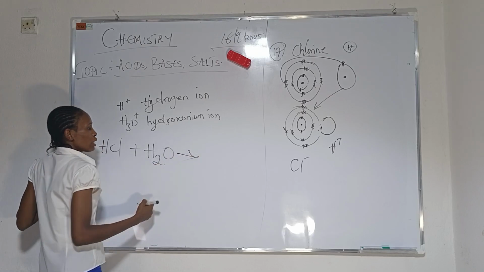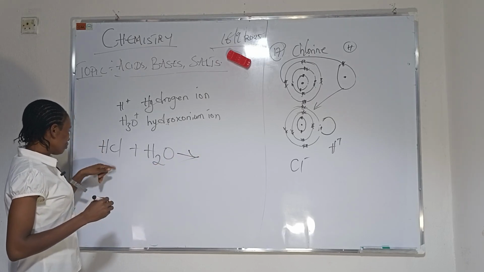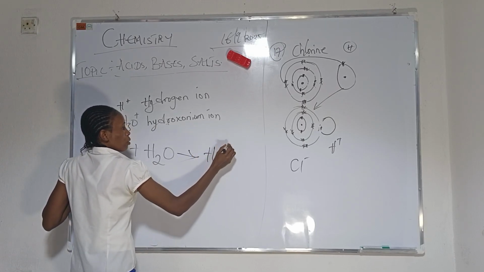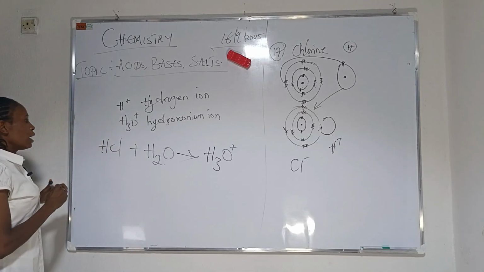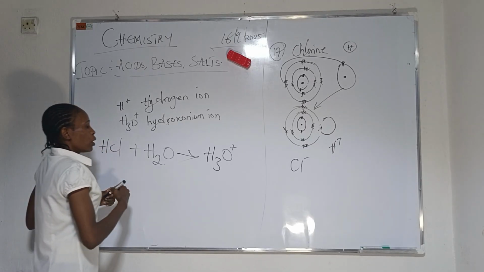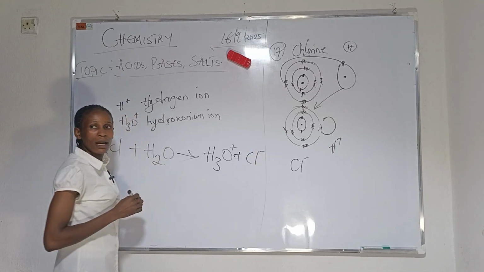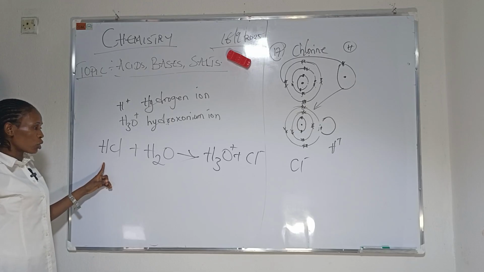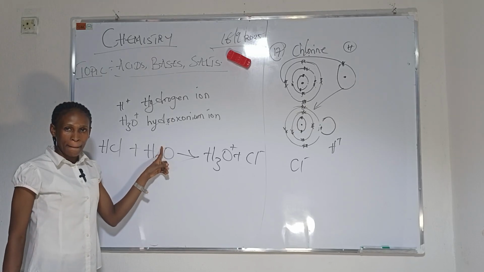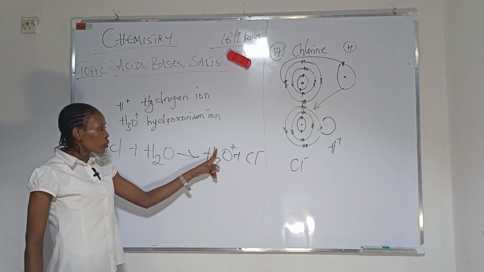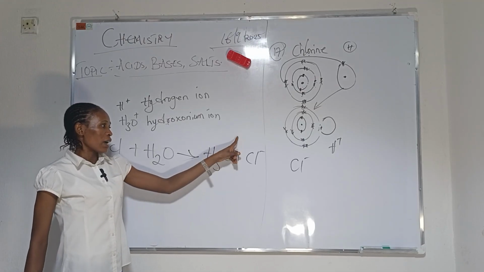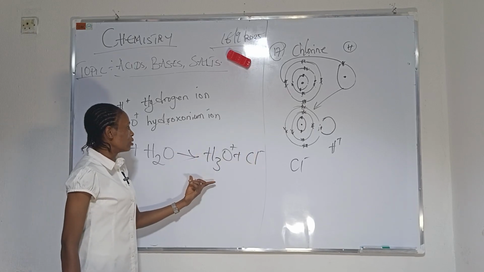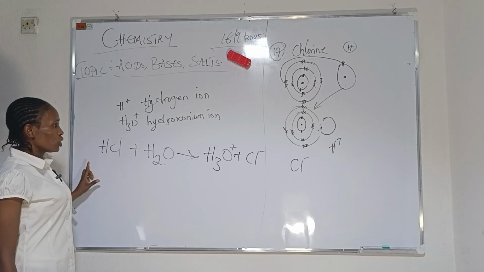If I react the two together, I am going to have H3O positive. Are you with me? Plus chloride ion. So hydrogen chloride and this molecule of water produce hydroxonium ion and chloride ion.